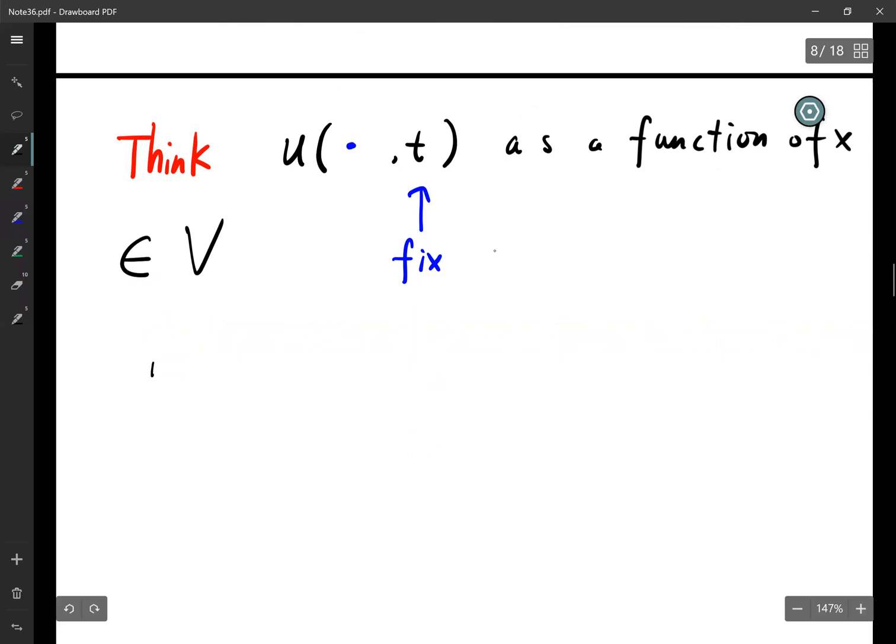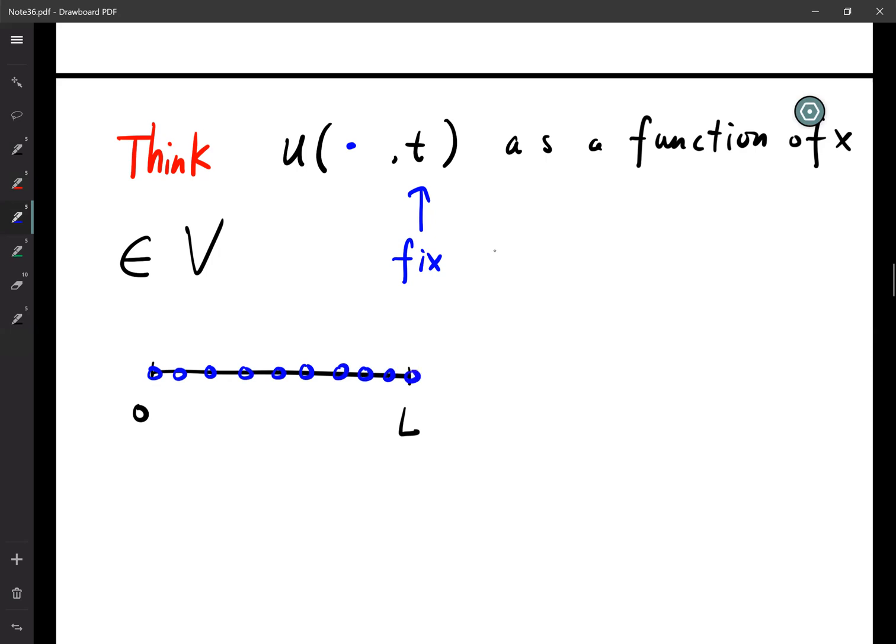Tabulating means the following thing. So I have 0 to L, and now instead of thinking this is a function on infinite number of points, I discretize. I only look at these points.